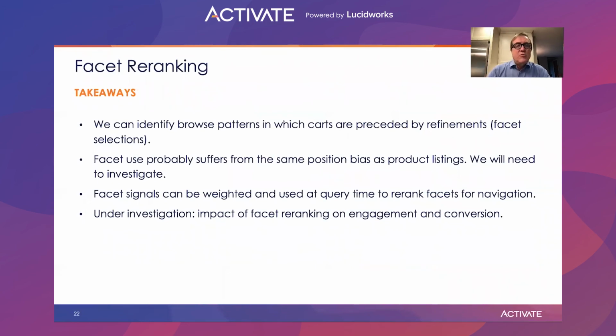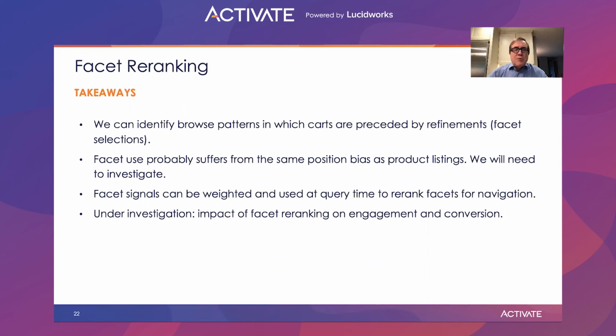We can identify this signal in our logs where you see a browse pattern, and you can follow through the actions in that browsing session, the stuff that happened within that category, and find signals of engagement and conversion that occur after applying certain refinements, and check that you didn't leave that refinement and so on. And so that's a signal of usefulness, I'm going to call it, of that facet.